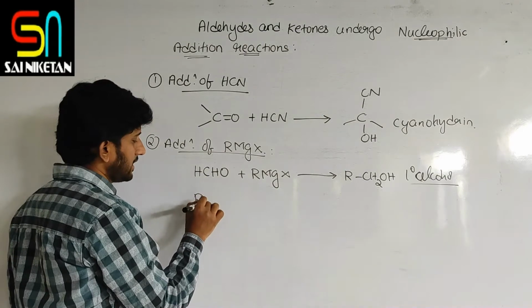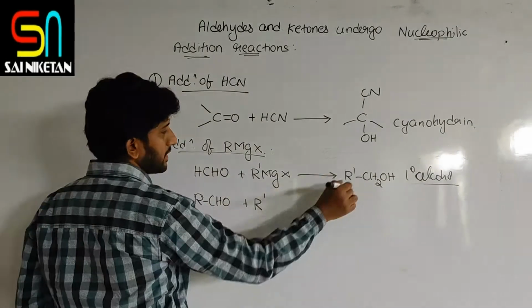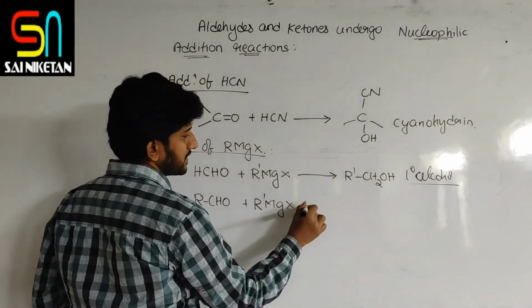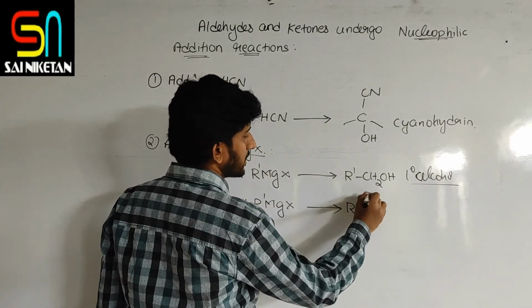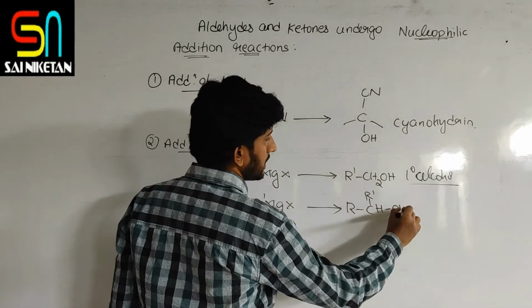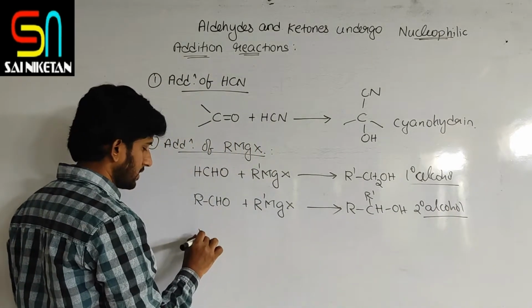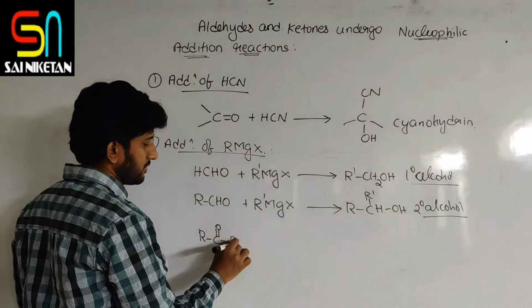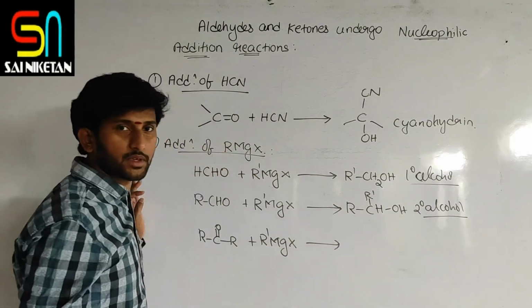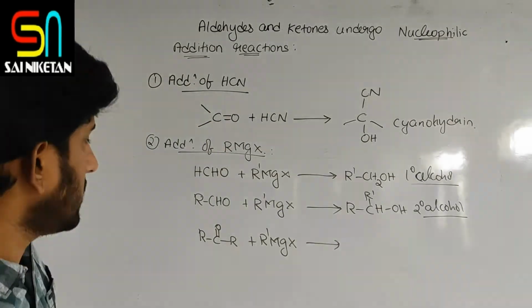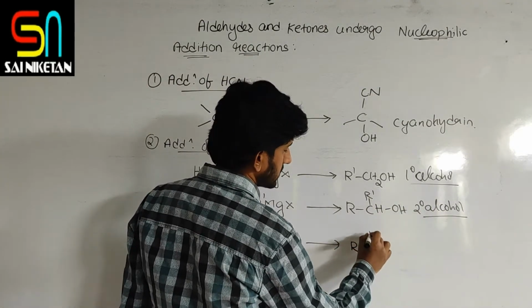Then other aldehydes, RCHO, if they react with RMgX, Grignard reagent, give secondary alcohols. Ketones on reaction with Grignard reagent produce tertiary alcohols.